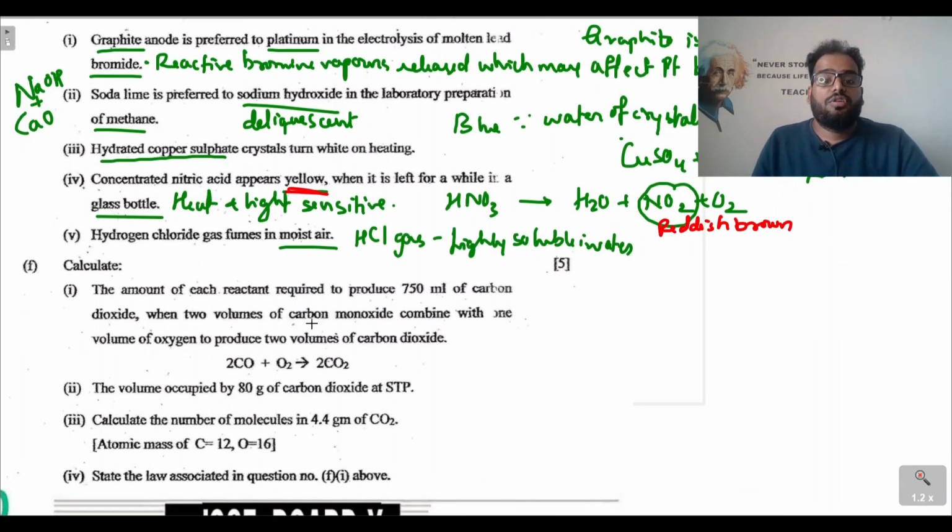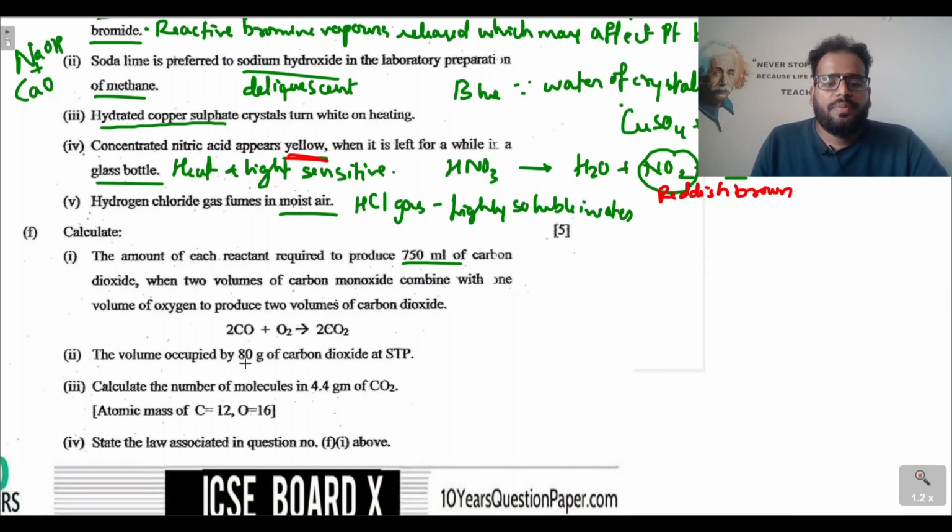Calculation is there. The amount of each reactant required to produce 750 ml of carbon dioxide when 2 volumes of carbon monoxide combine with 1 volume of oxygen to produce 2 volumes of carbon dioxide. I told you there is a fixed question. 2 marks fixed question will come on Gay-Lussac's law. So this is Gay-Lussac's law. What you have to do here, let's see. The volume occupied by 80 gram of carbon dioxide. Okay, they have given you the mass here. So it is a stoichiometric question. First of all, each reactant required for 750 ml of carbon dioxide.